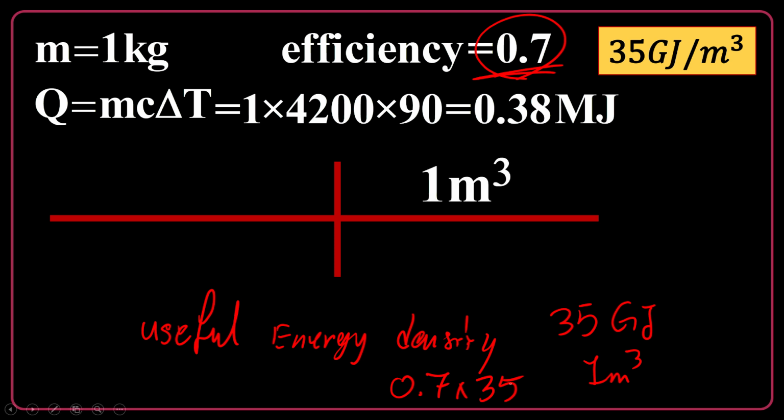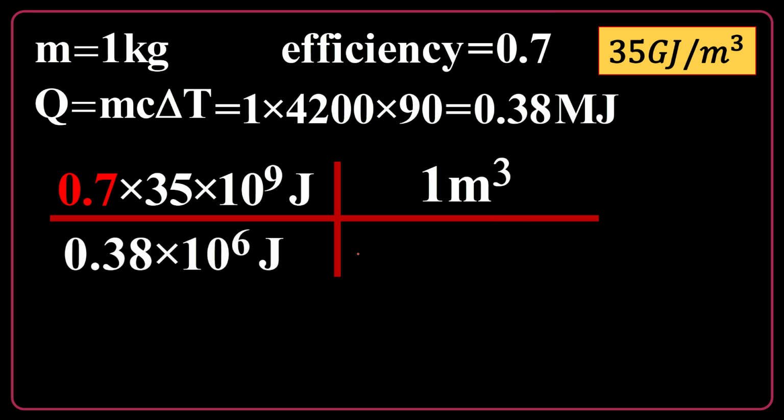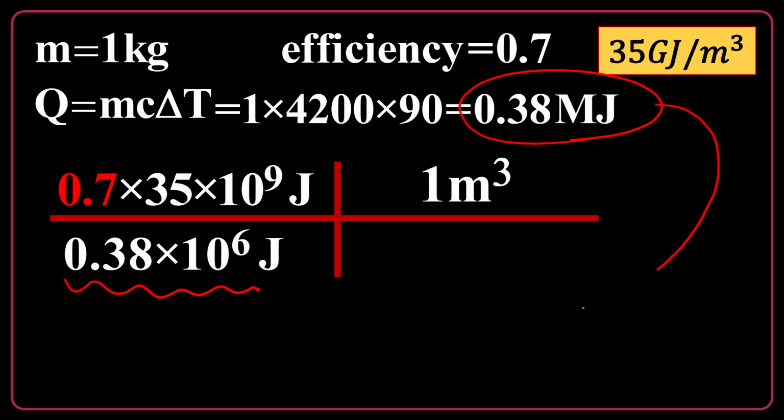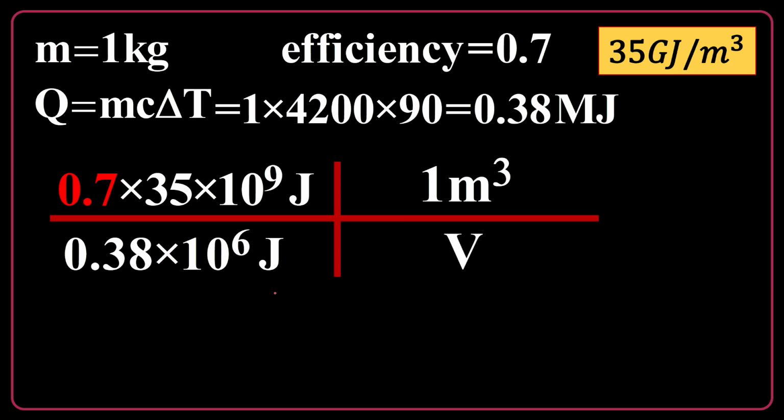So let's put it here. For 1 cubic meter of the burned fuel, we have just 70% of 35 10 to 9 joule as the real useful energy. So here I need this amount of energy. I will export it from here to here. And then this is my goal, the volume of the fuel I need for this process.